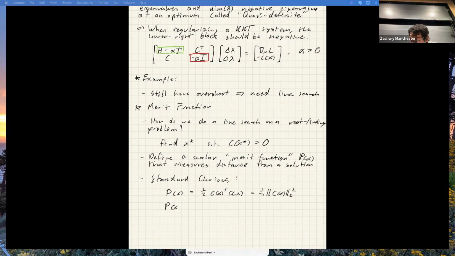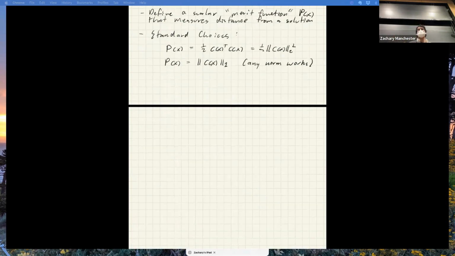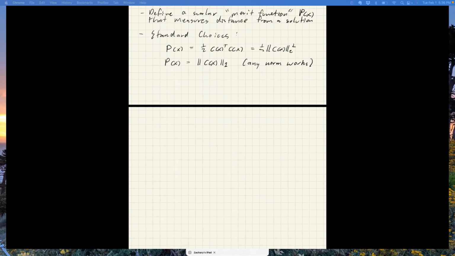A very popular one is actually the one norm, for reasons that will become clear in a sec. Any norm really will work. It literally just has to be some scalar function that tells you how far you are from the solution.